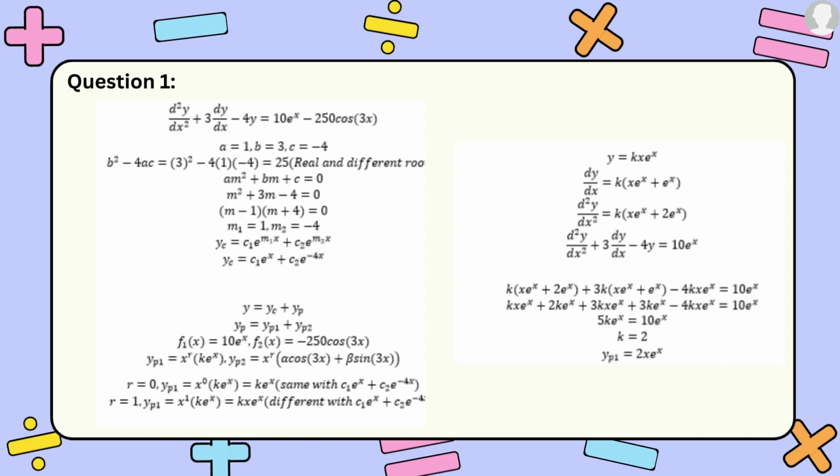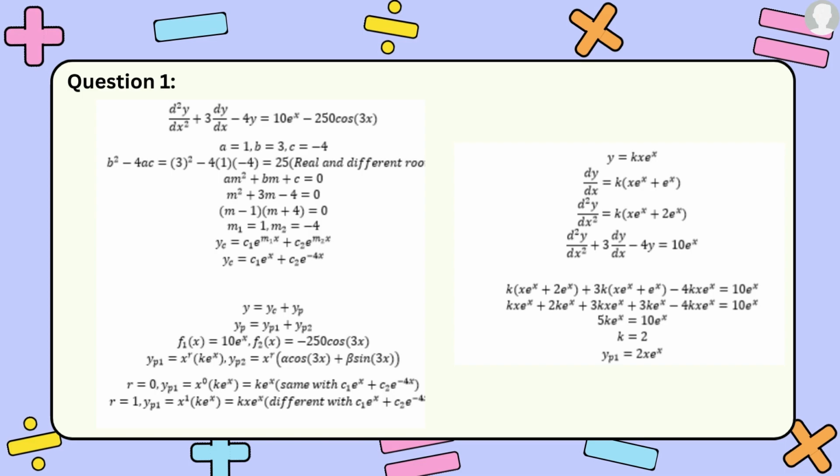We use the formula b² - 4ac. We plug in the values of a, b and c, then we will get 25, and it shows it has real and different roots. Then we use am² + bm + c = 0.